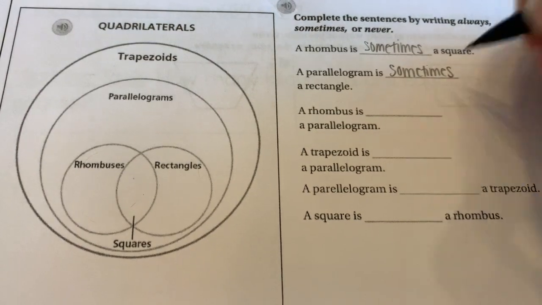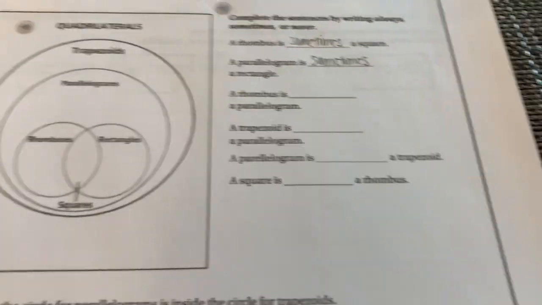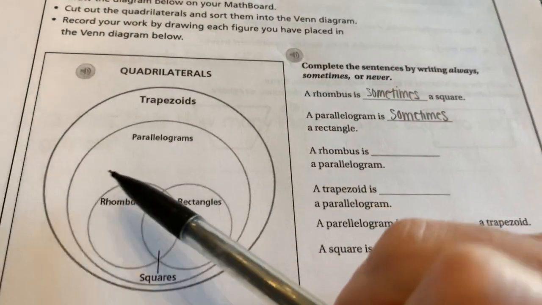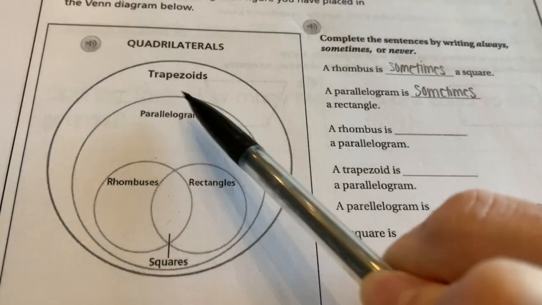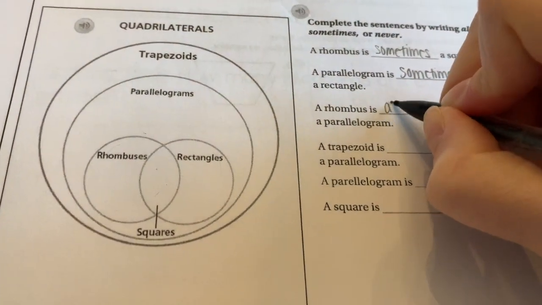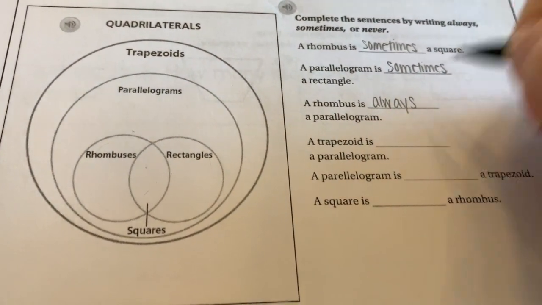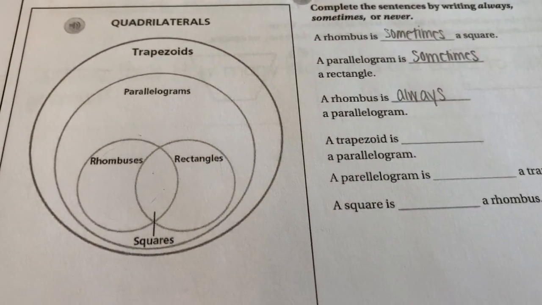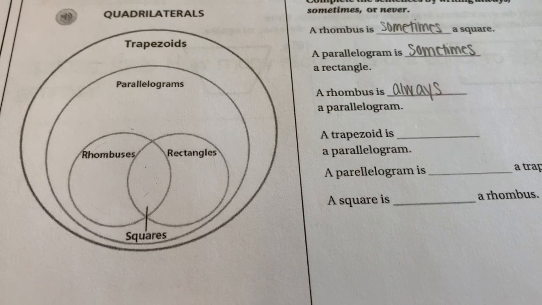A rhombus is sometimes, always, or never a parallelogram. A rhombus is inside the parallelogram circle, so it's always a parallelogram. Remember, in a parallelogram the opposite sides are equal and parallel, and a rhombus always has opposite sides equal and parallel.